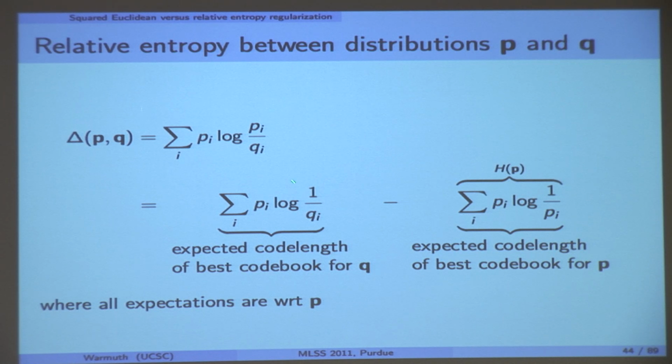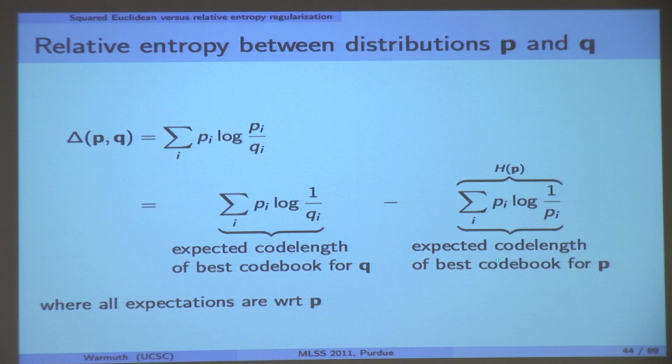You can write this as this term minus this term. This is the expected code length of the best code book for Q. The best code book for Q encodes the event i as log 1 over Qi. But you take the expectation with respect to P, and this is the expected code length of the best code book for P, and the difference.